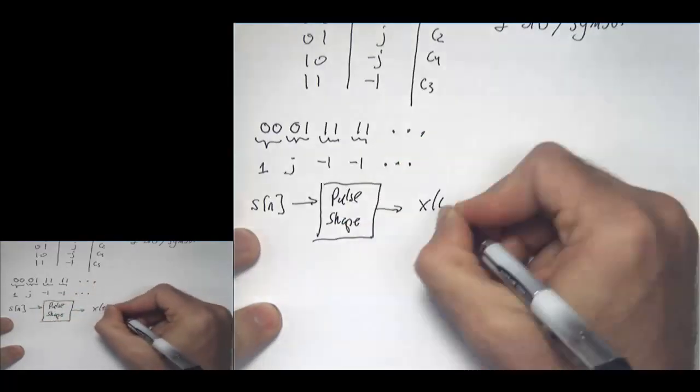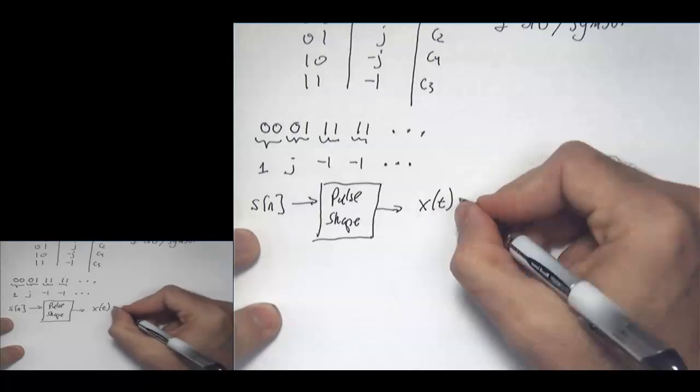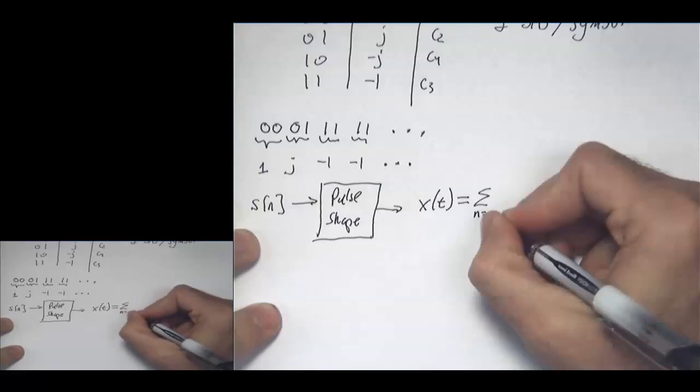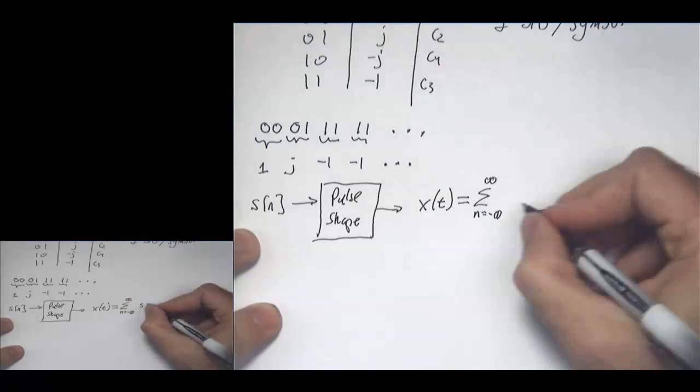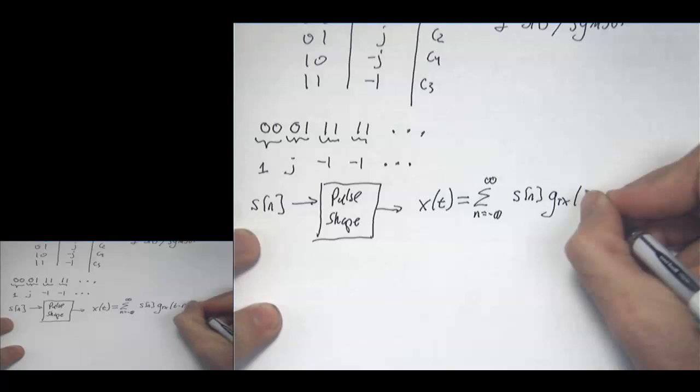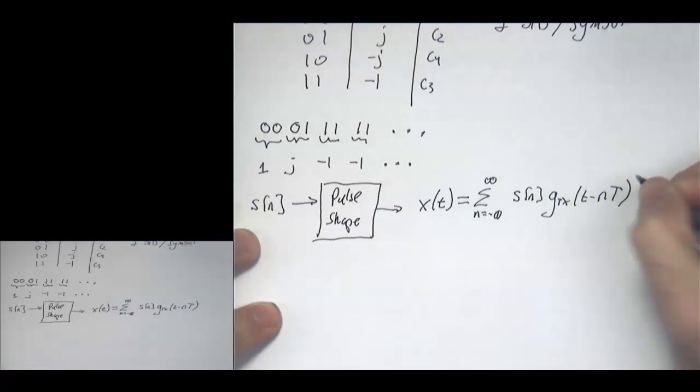For complex pulse amplitude modulation, this functional form is very specific, and it looks like an infinite sum, from minus infinity to infinity, of S of n g tx of t minus n capital T.